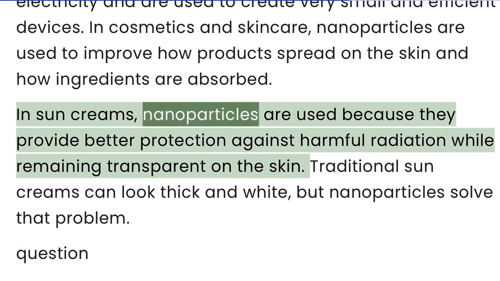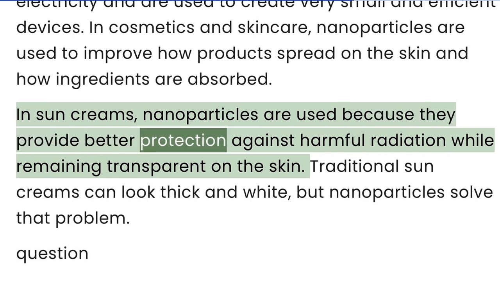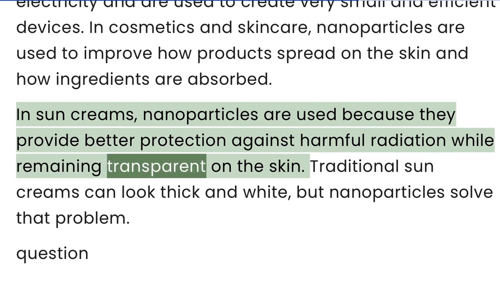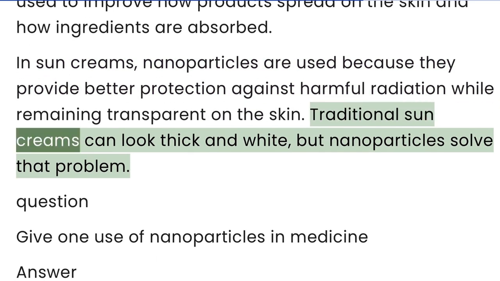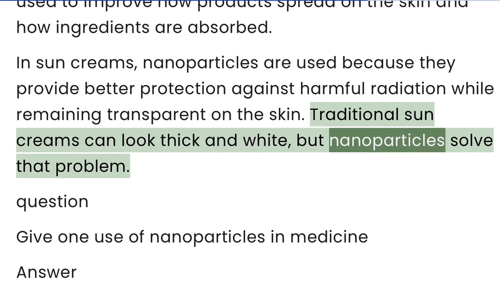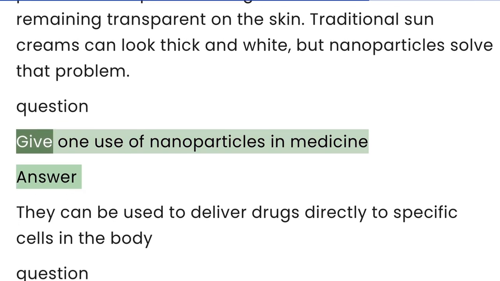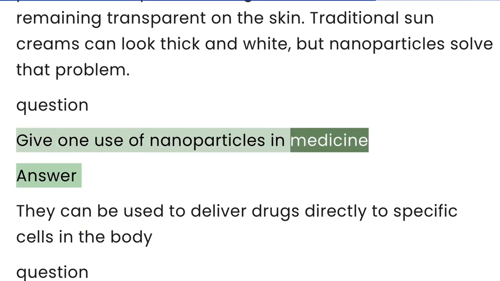In sun creams, nanoparticles are used because they provide better protection against harmful radiation while remaining transparent on the skin. Traditional sun creams can look thick and white, but nanoparticles solve that problem. Question: give one use of nanoparticles in medicine.